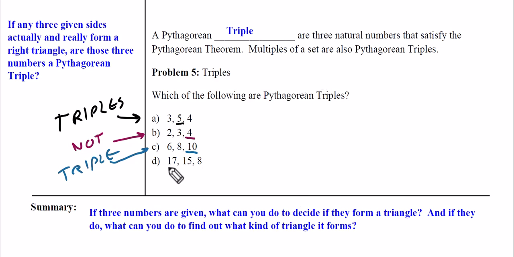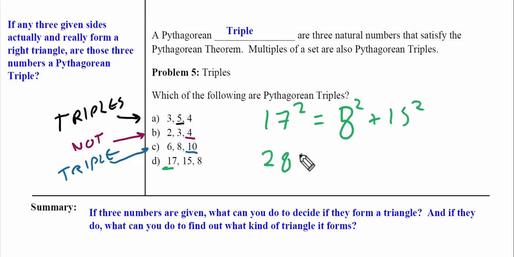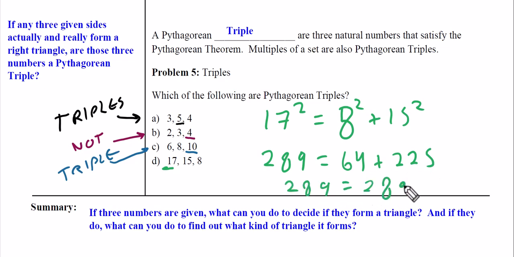Okay, let's do this last one, 17. So that's my hypotenuse. 17 squared. Let's do 8 squared and then 15 squared. 17 squared is 289. 8 squared is 64. 15 squared is 225. And if I add those two up, I get 289.